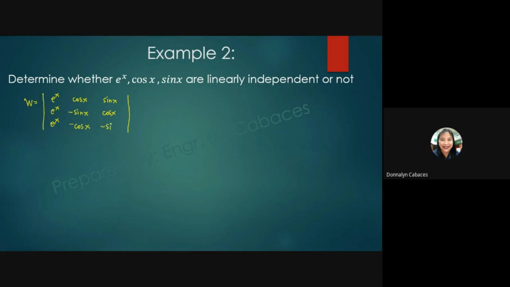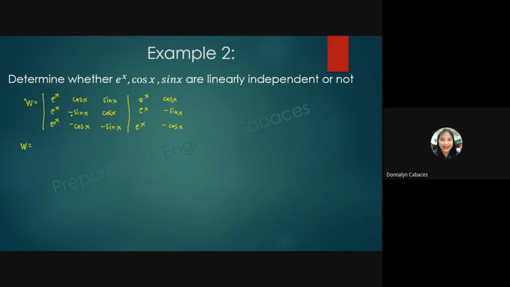Then again, copying the first two columns, e to the x on the first column, then cosine x, negative sine x, and negative cosine x on the next column. Then taking the product of the elements on the diagonal, going down are positive and going up are to be multiplied by negative 1.